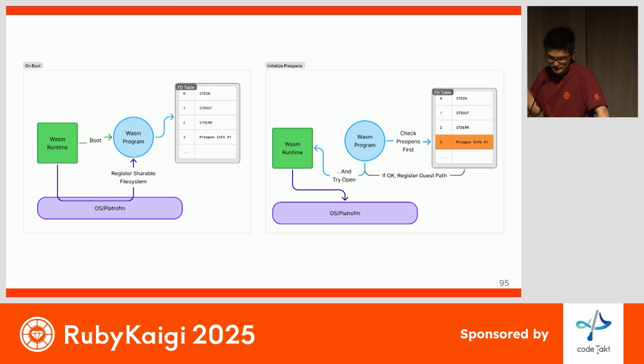After initialization, when the runtime is going to access the file system, it must check these pre-registered file descriptors first. This mechanism is often referred to as pre-opens or pre-start.